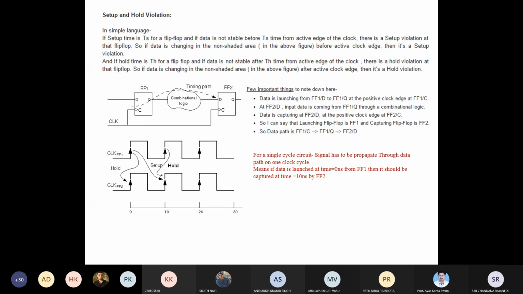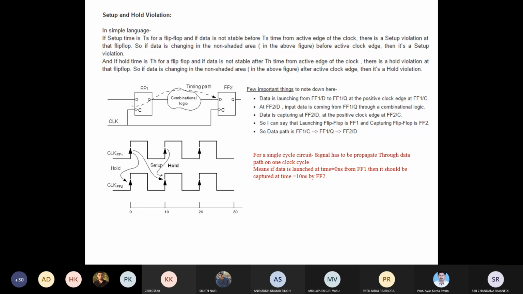When the data is given to FF1, it is captured at the positive edge of the clock pulse, then it passes through the combinational logic and reaches the D input of FF2. Again it is captured at the positive edge of the FF2 clock, then propagated to the Q output.